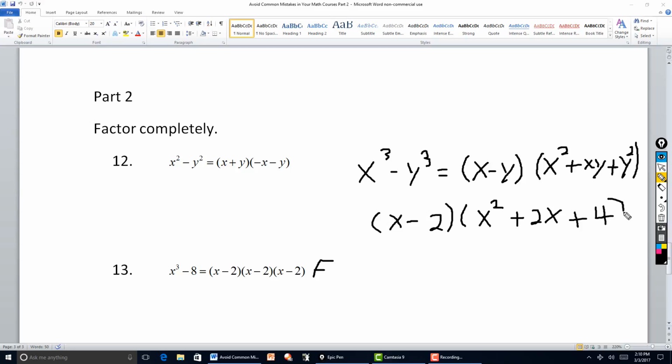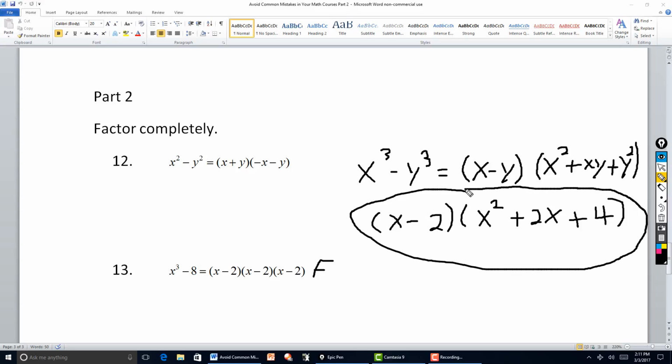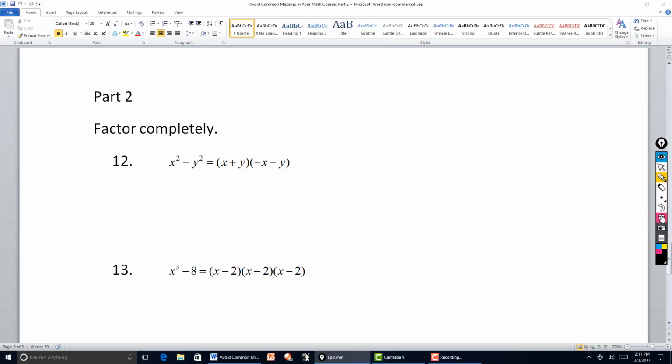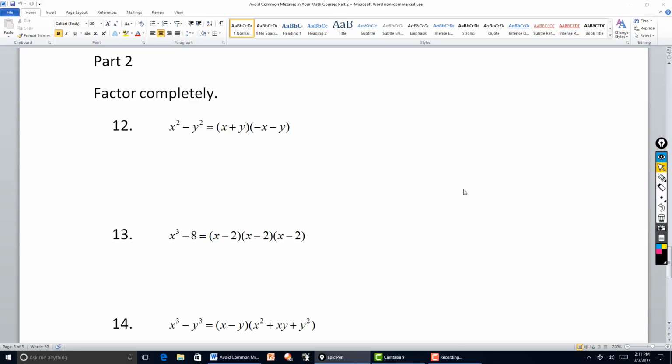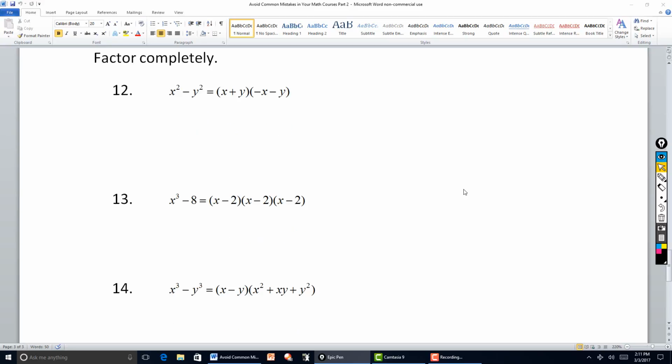So if you were to multiply through here using your distributive property, combine your terms, you should get x cubed minus 8. Okay. So this doesn't factor into this, it factors into this right here. Okay, let's clear this. Okay, so obviously number 14 is true.